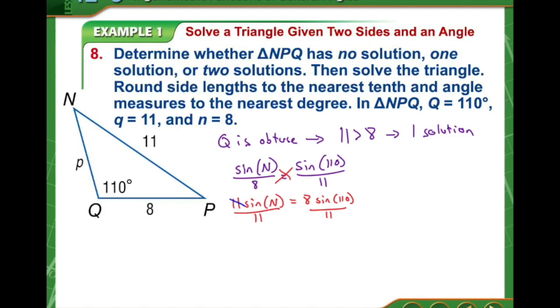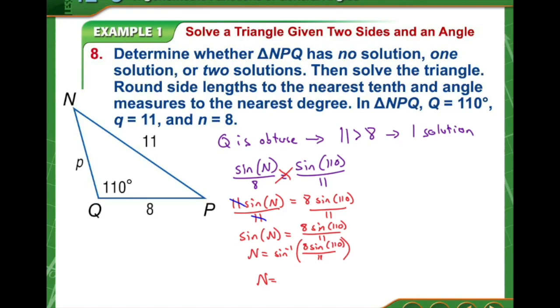Now when you're finding the angles, we have an extra step to deal with. So if sine of angle N is equal to 8 sine of 110 over 11, our extra step is that we now need to do the inverse sine to get N by itself. So N is equal to the inverse sine of that fraction. And when we plug that into the calculator, remember, you need to make sure your calculator is in degree mode too.